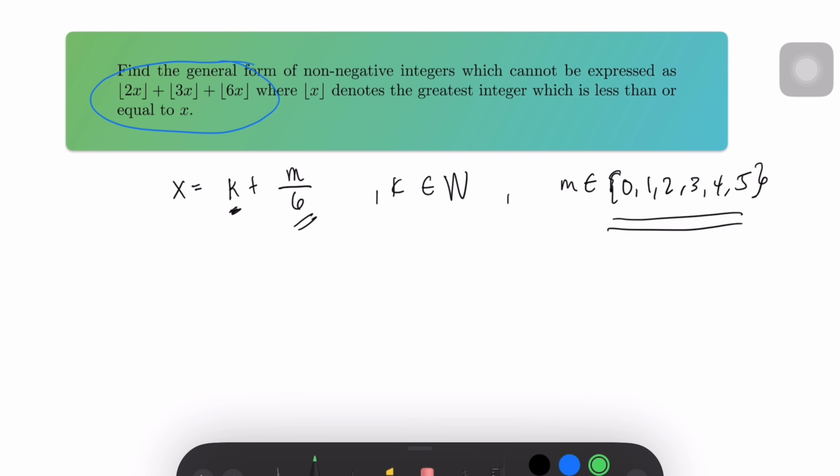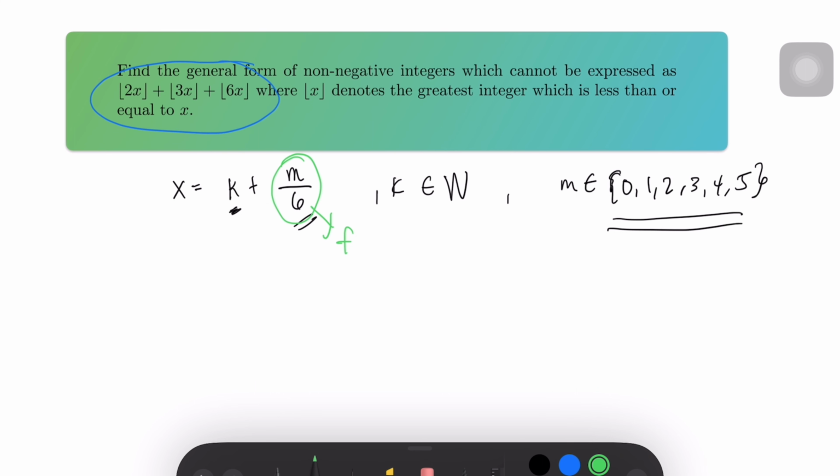And why exactly are we writing this fractional part as m over 6? Why can't we write it as just, let's say, f, as the fractional part? Because m over 6 is still a fraction if you consider these values for m.